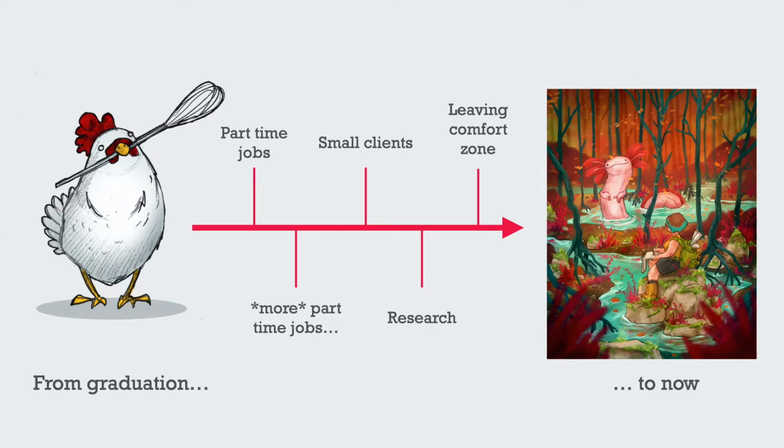From graduation, I had many part-time jobs, dealt with small clients, did a lot of research, left my comfort zone as much as I could, and now this is my full-time job. So I just wanted to break down those steps a little bit for you and explain further how those steps influenced where I am today.